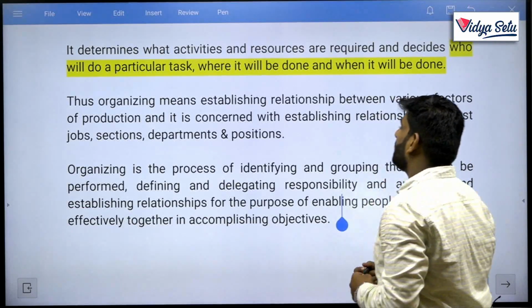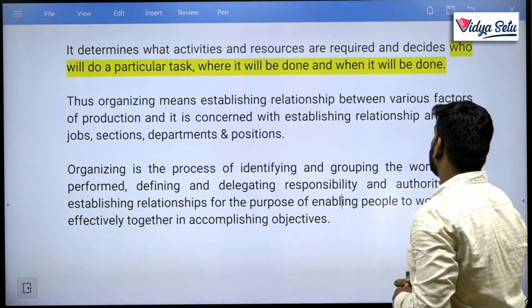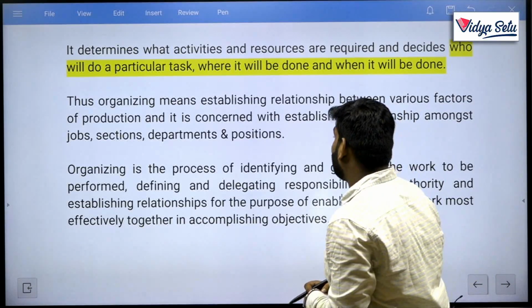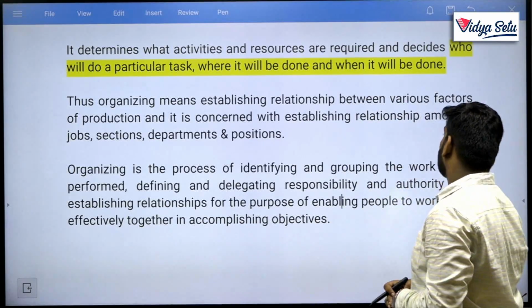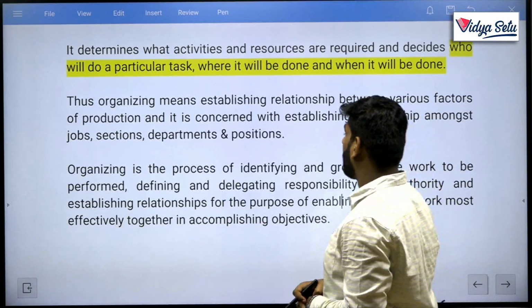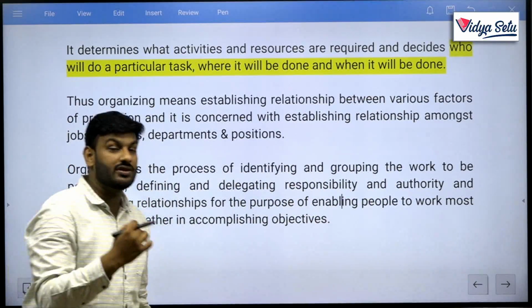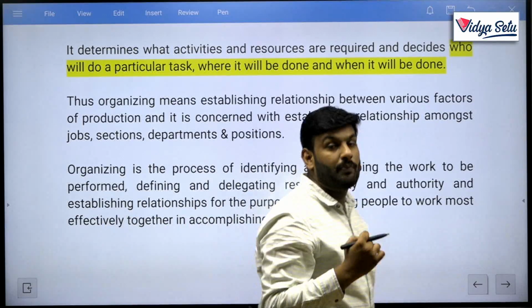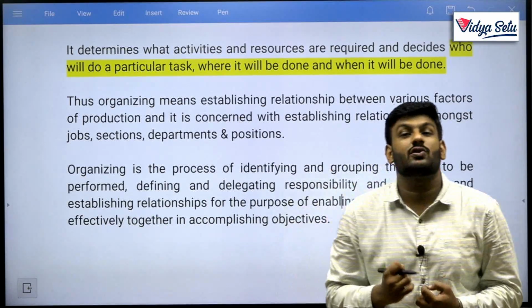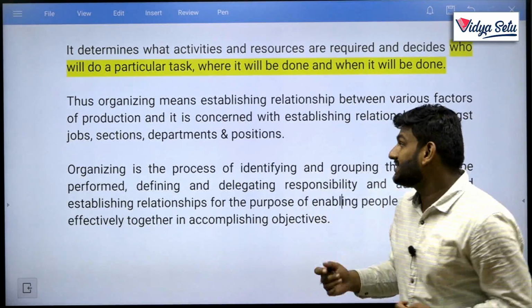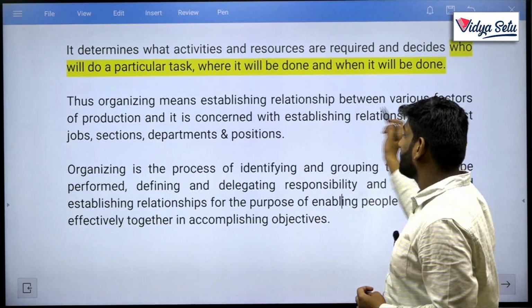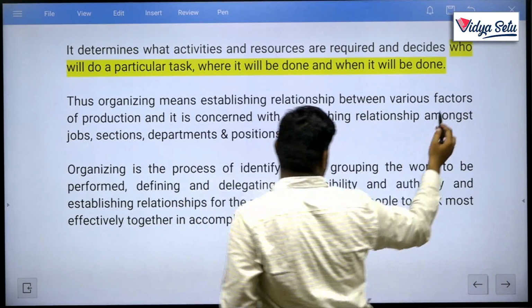Thus, organizing means establishing relationships between various factors of production, and it is concerned with establishing relationships among jobs, sections, departments and positions. It creates a relationship between the resources and the person to whom the resources should be distributed. What are the factors of production?